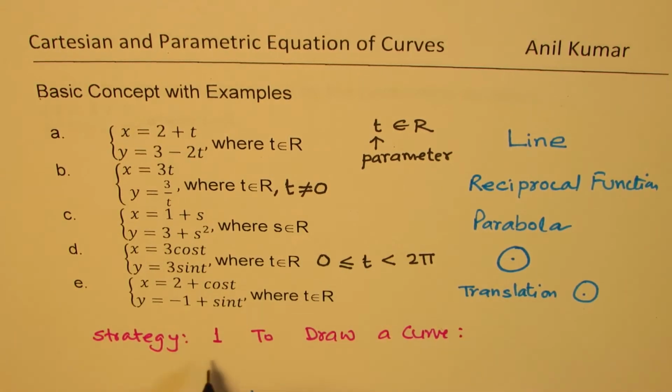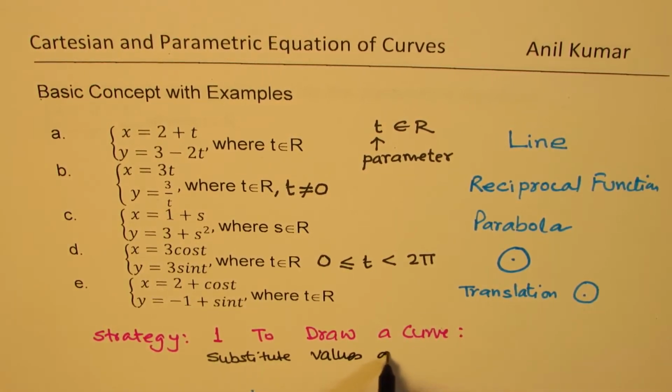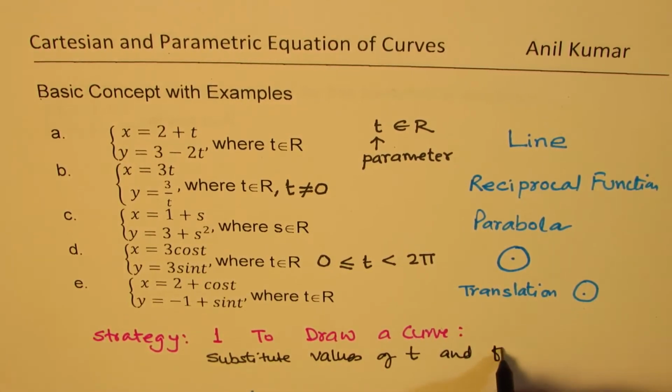So you could substitute values of parameter t and find coordinates x, y.